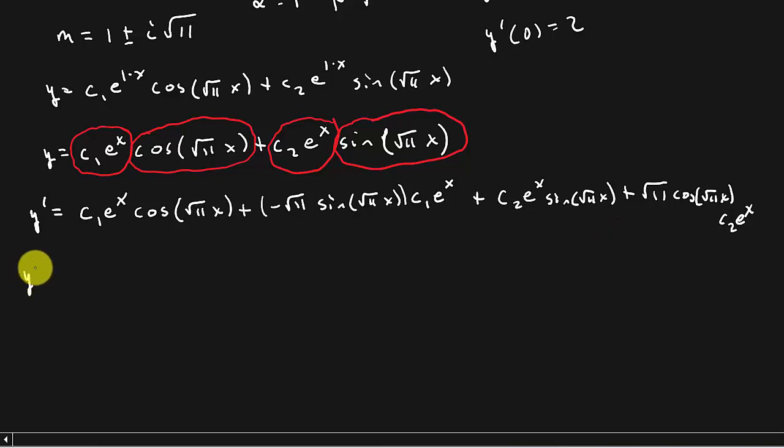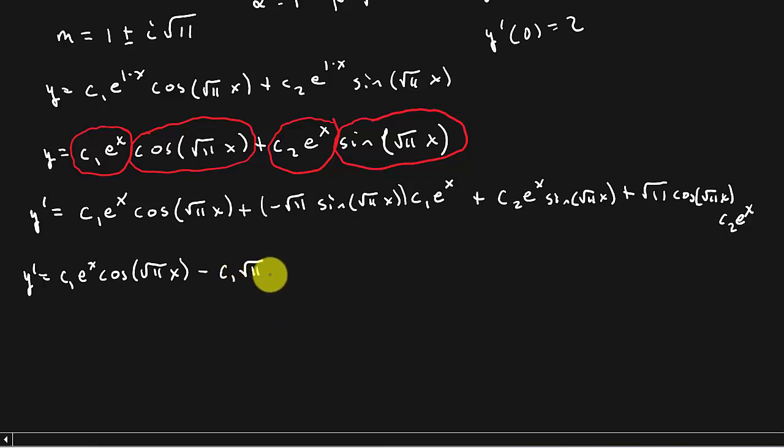Let's rewrite this. So y prime, that's C1 e to the x cosine square root of 11x minus square root of 11 sine square root of 11x. Whoop, I'm sorry. Let's write the C1 e to the x first. C1 e to the x. Let's do this.